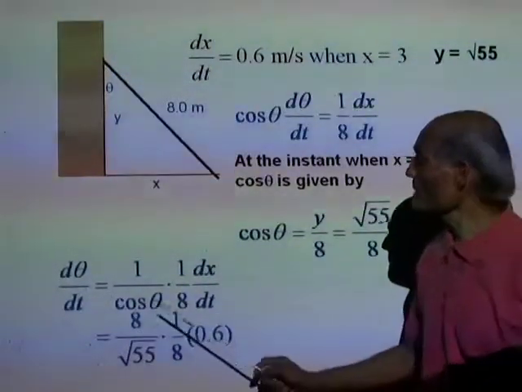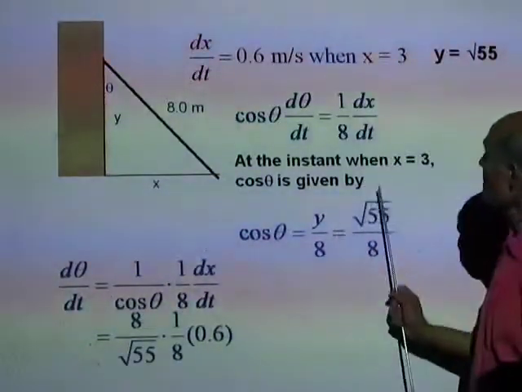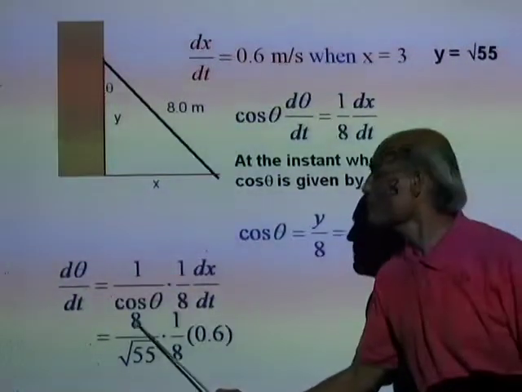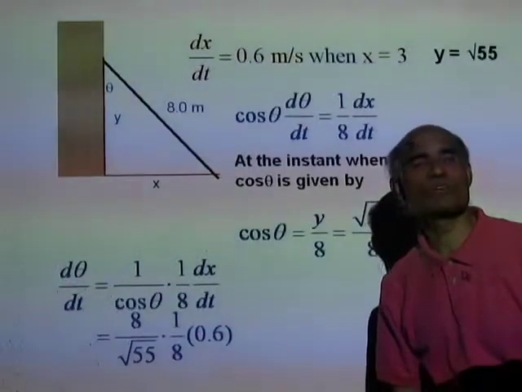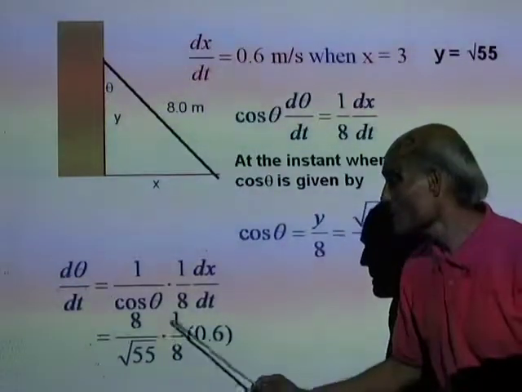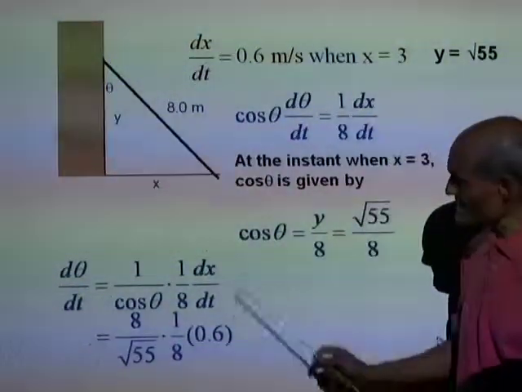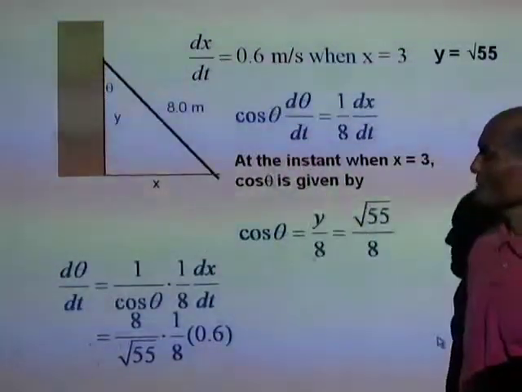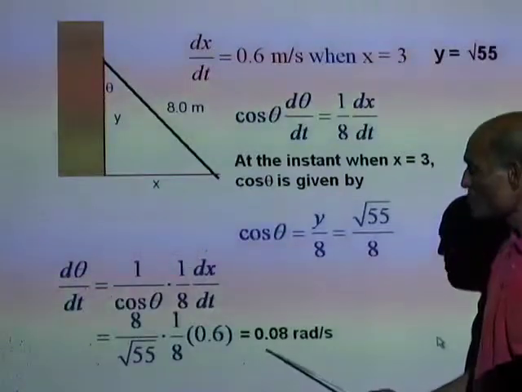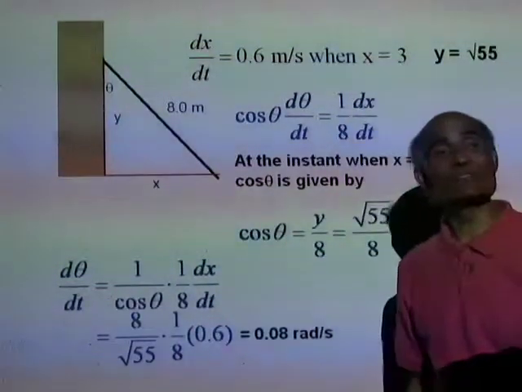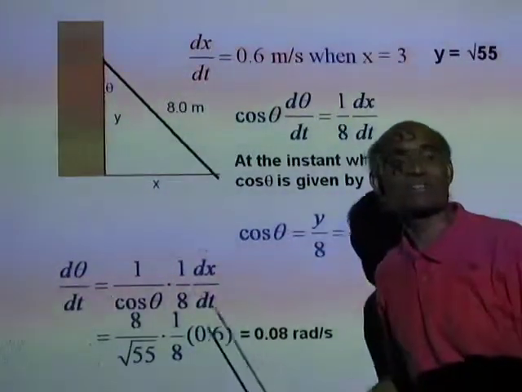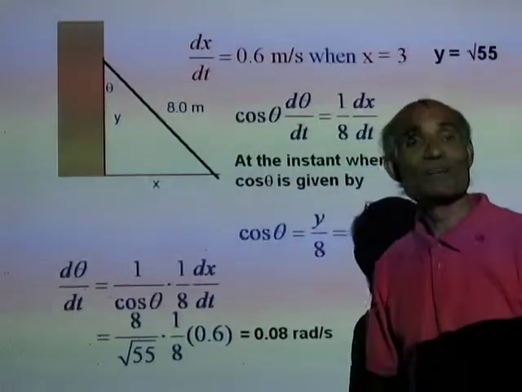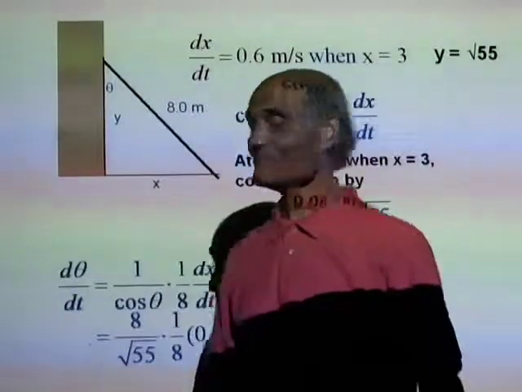If cos theta is square root 55 over 8, 1 over cos theta is 8 over square root 55, times 1 over 8 times dx by dt, which is given to be 0.6 meter per second. And that is 0.08 radian per second. The rate at which the angle changes is measured in radian per second.